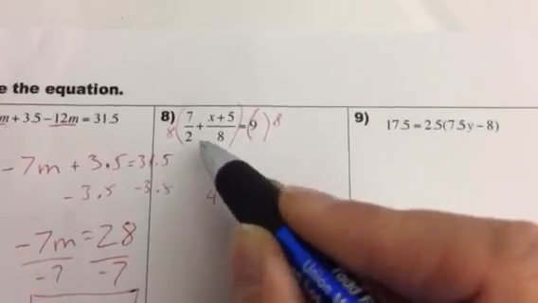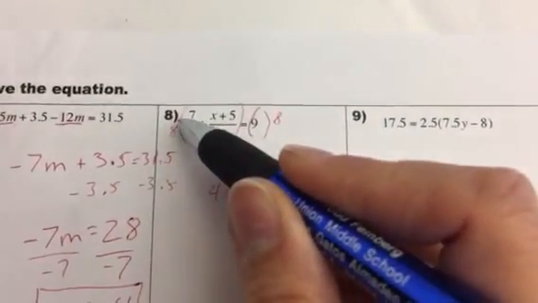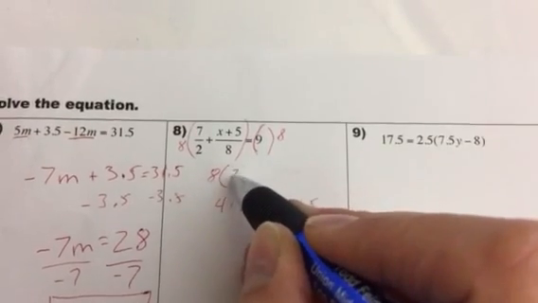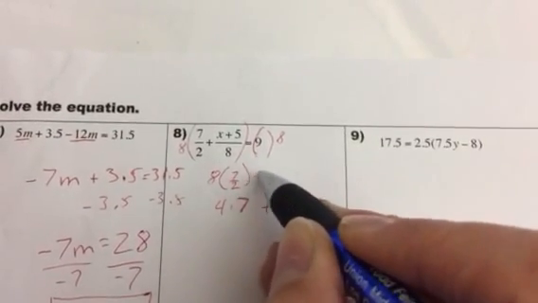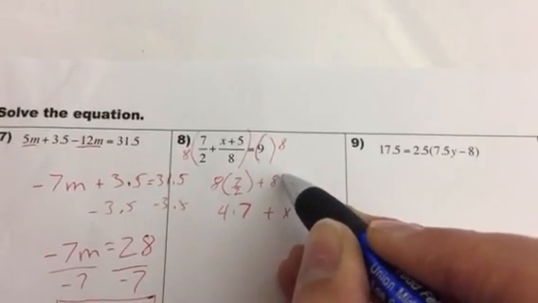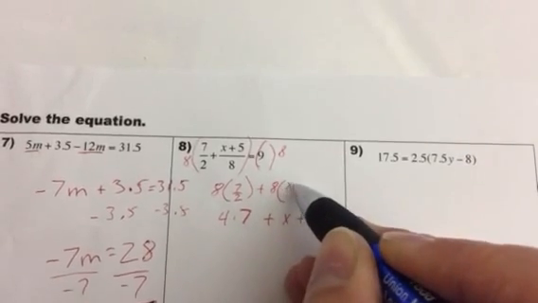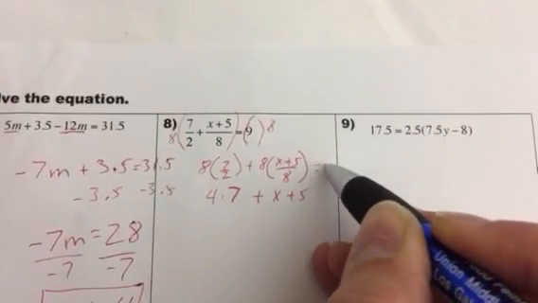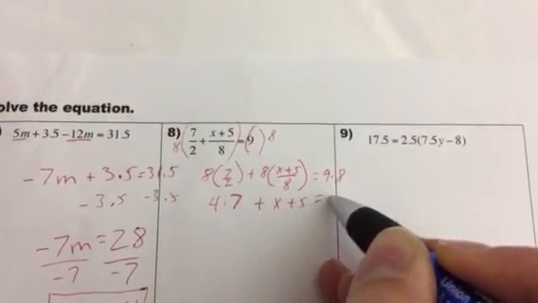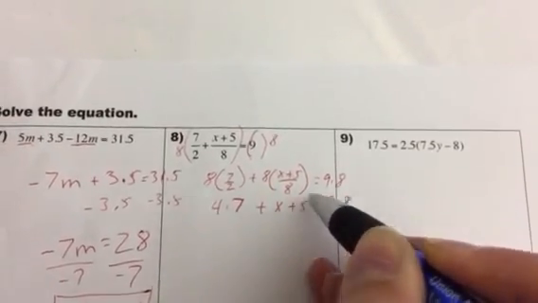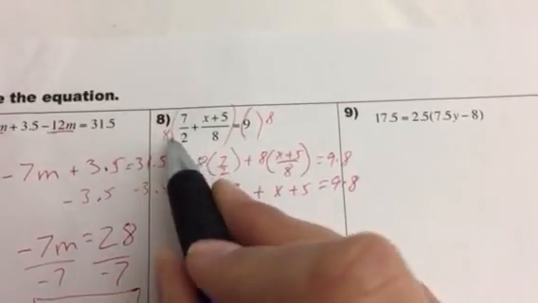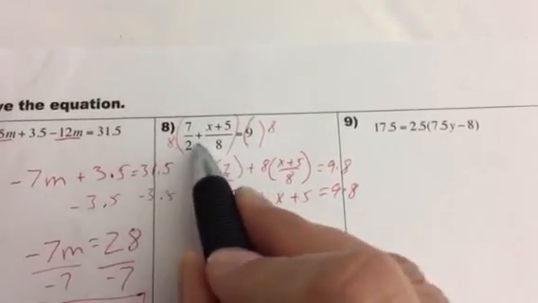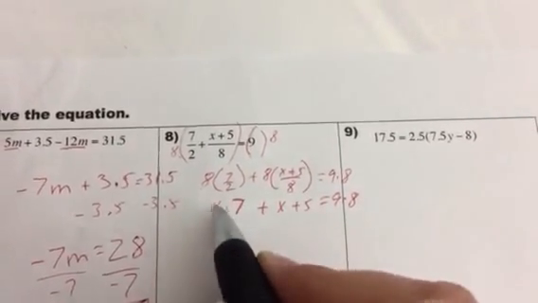And the way I got that was I did 8 times 7 over 2 plus 8 times x plus 5 over 8 is equal to 9 times 8. This is just me distributing the 8 next to both of these numbers, and this is that simplified.